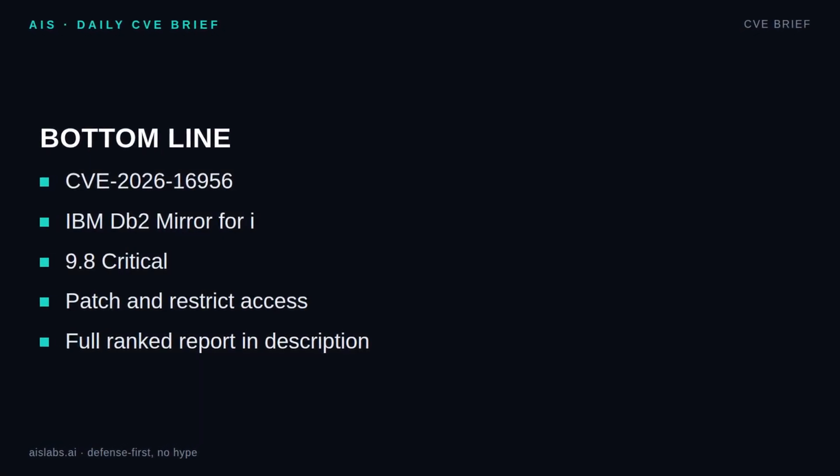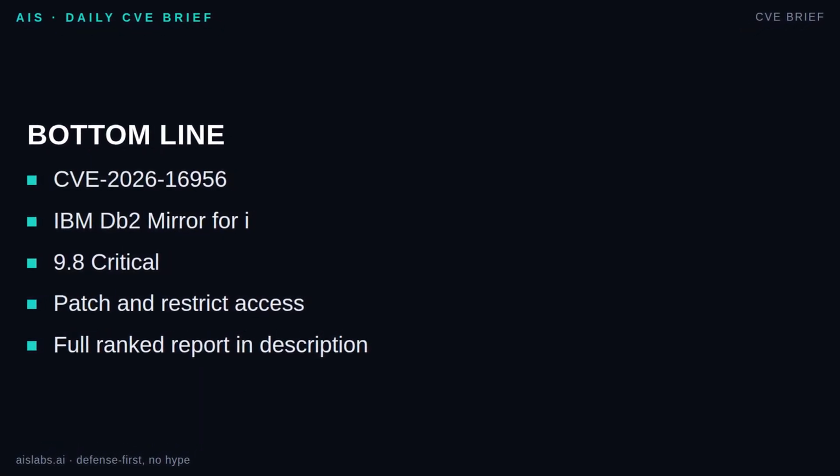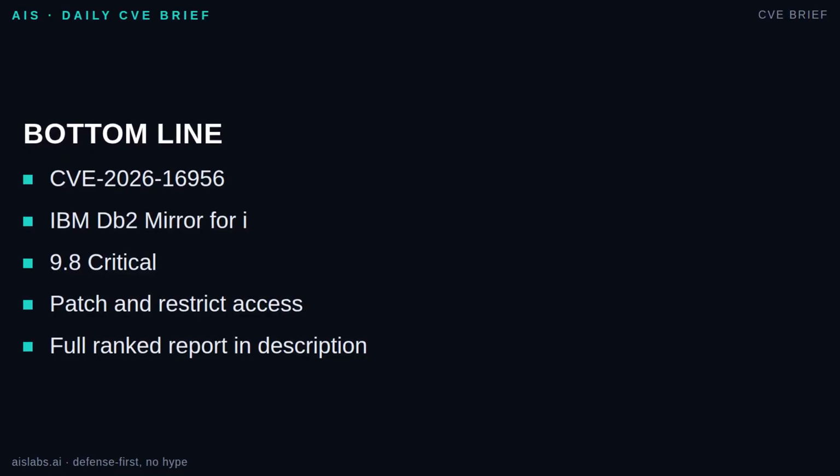Bottom line, CVE-2026-16956 is today's number 24 most urgent vulnerability on our ranked list, because it combines a critical 9.8 CVSS score with a serious weakness class, CWE-78 OS command injection. It affects IBM Db2 Mirror for I as described by NVD, with 7.4, 7.5, and 7.6 named in the entry.